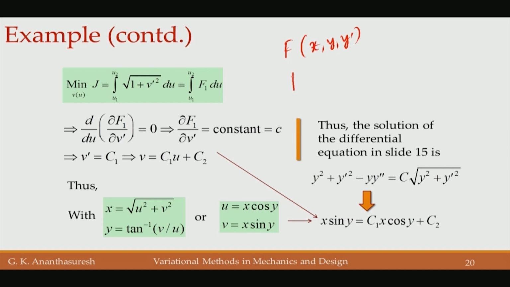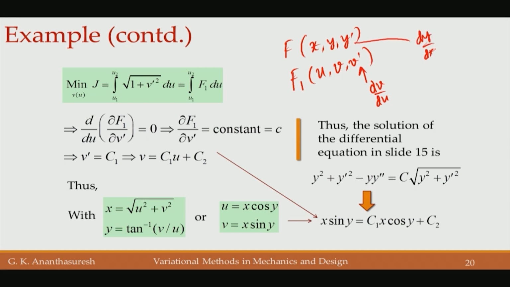Now, that is equivalent to saying f1, I am calling it the changed integrand, u, v, and v prime, what I mean is dv by du. Okay, that is just like y prime was dy by dx.